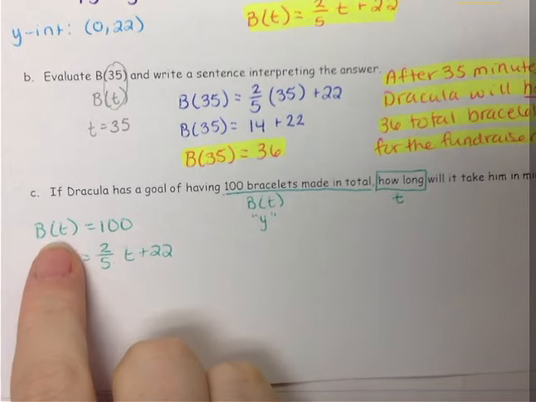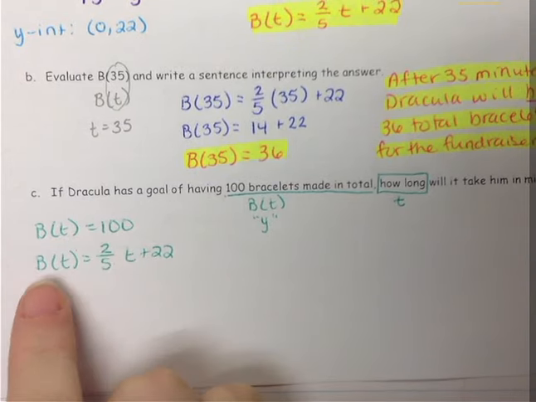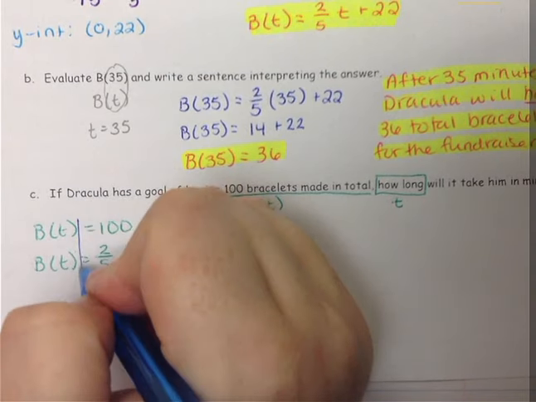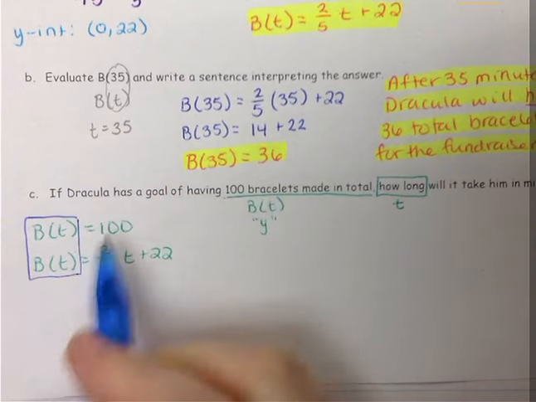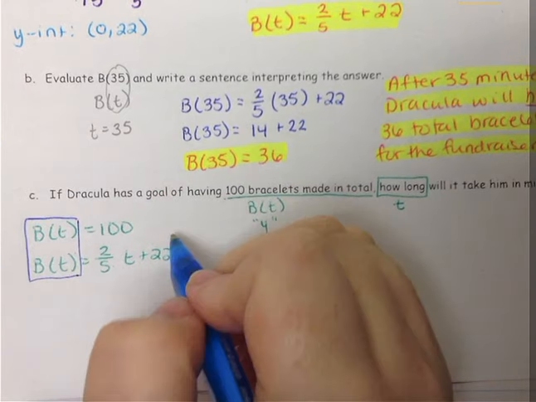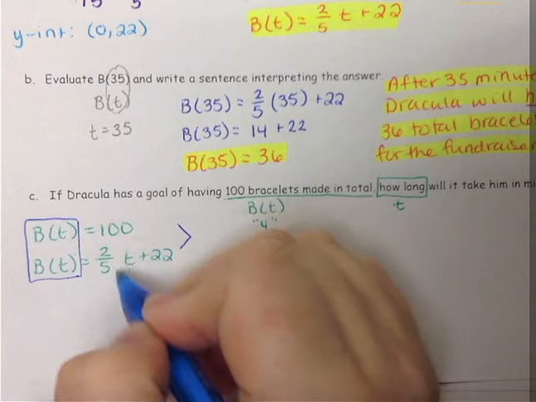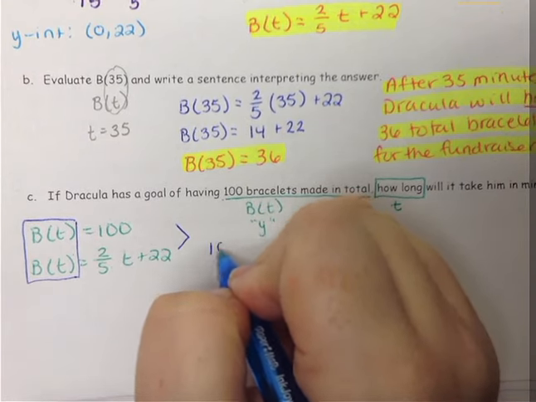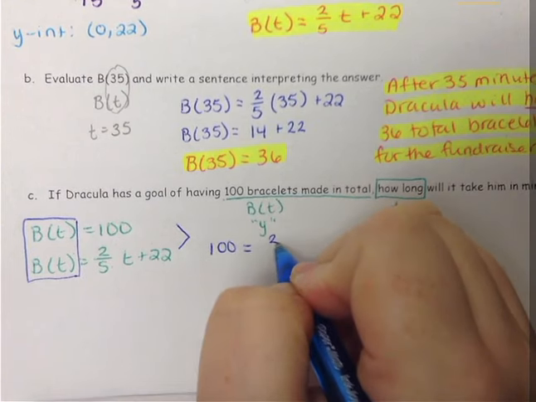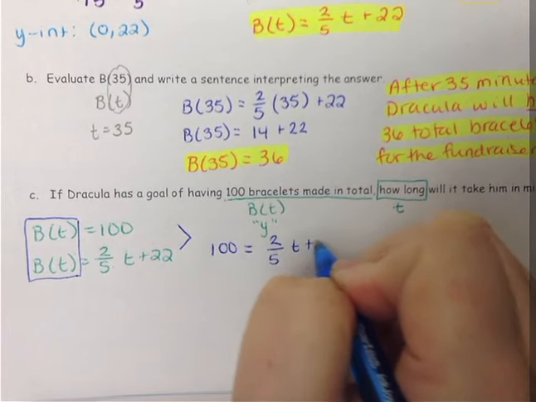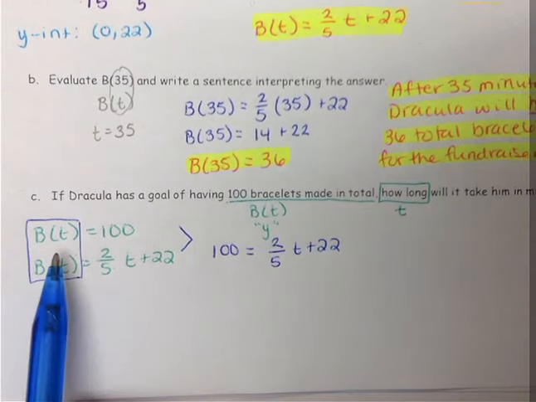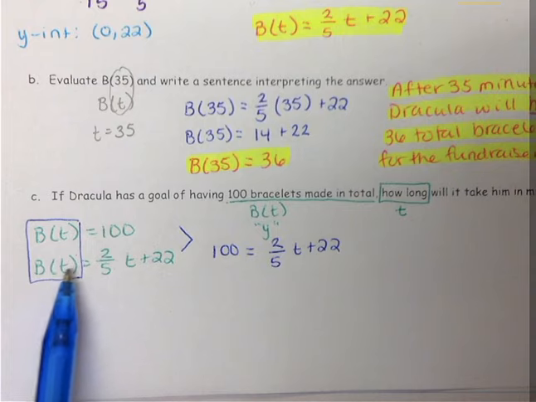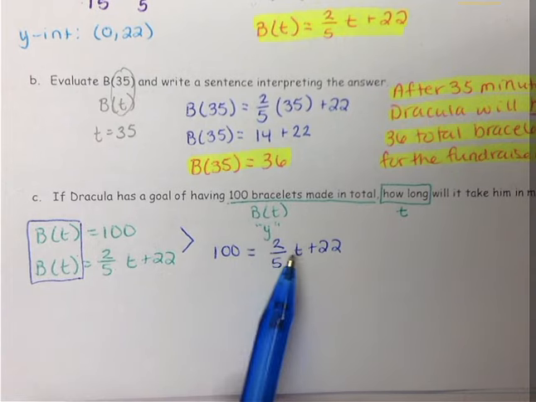We have 100 is equal to B of T, and we have this expression equal to B of T. Since both of these expressions are equal to the same thing, they're both equal to B of T, that means that we can set these two parts equal to each other. This can actually be written as 100 equals that 2/5 T plus 22. This is called the transitive property. They're equal to the same thing, therefore we can equal them to each other.